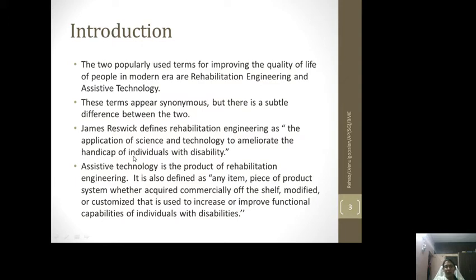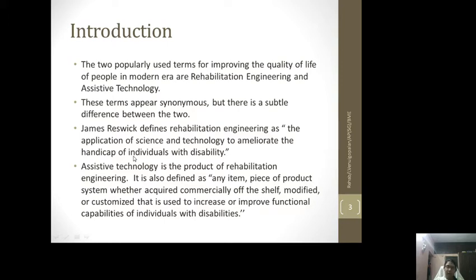Now, assistive technology is the product of rehabilitation engineering. So, in order to ameliorate the handicap, you take the help of certain technological devices, or it could just be a software.